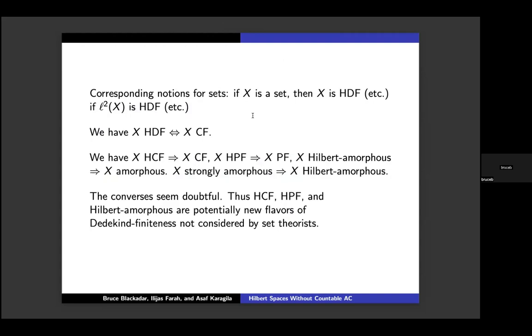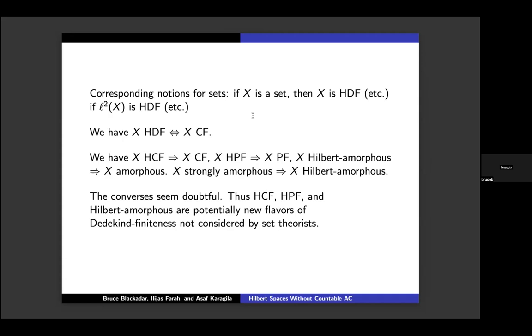These notions are notions for Hilbert spaces, but we can actually get notions for sets also. So we get some things that apparently set theorists have never considered before, because you have to work through Hilbert spaces to get them, but they're set theoretic concepts.